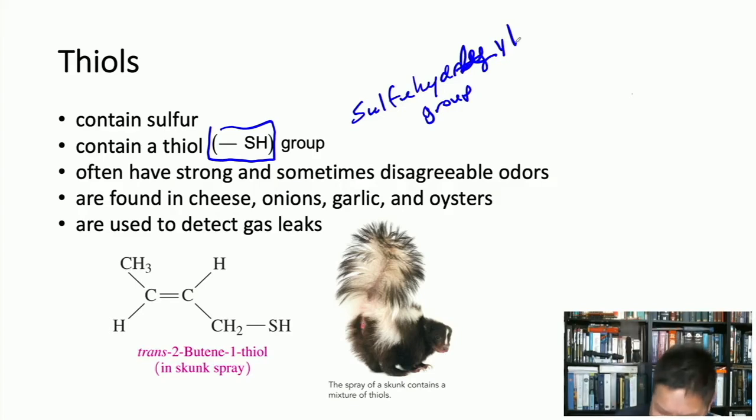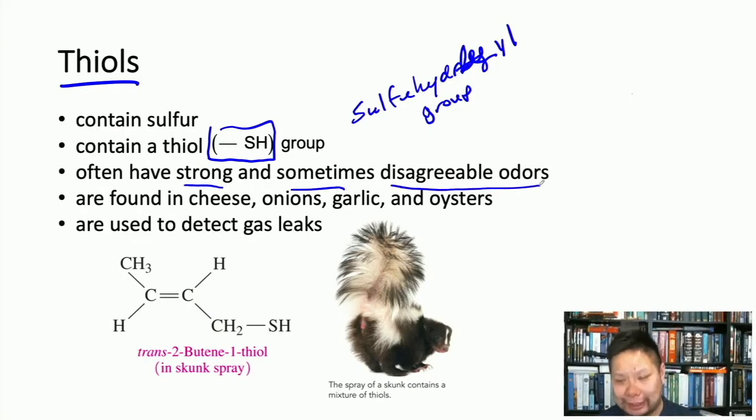So I expect you to know that they're thiols when they have an SH group, right? Now this is an understatement right here. It says often strong and sometimes disagreeable odors. Not just disagreeable, they just outright stink. My old boss's boss was a guy named Mo Cleland, and Mo Cleland invented this thing called Cleland's reagent, right?